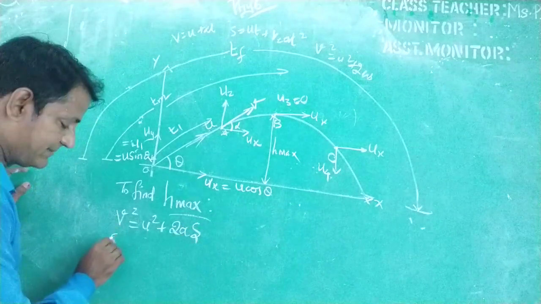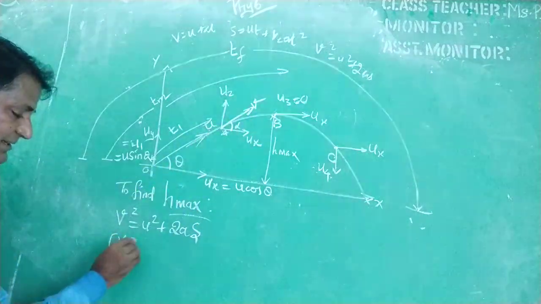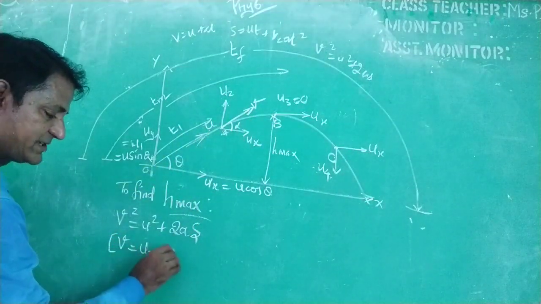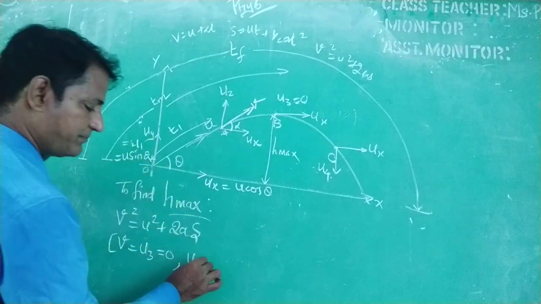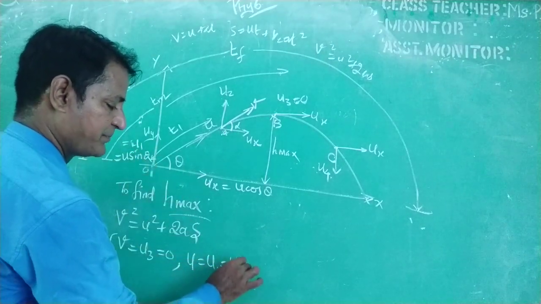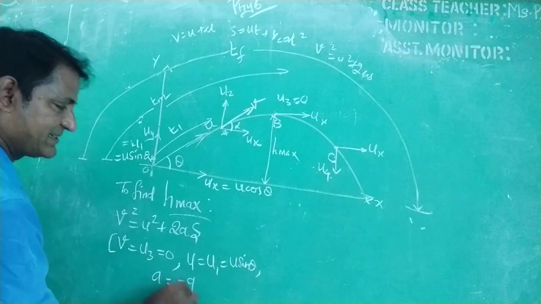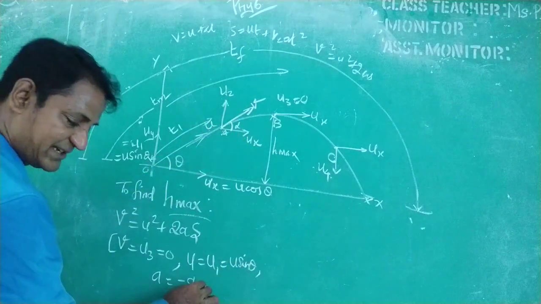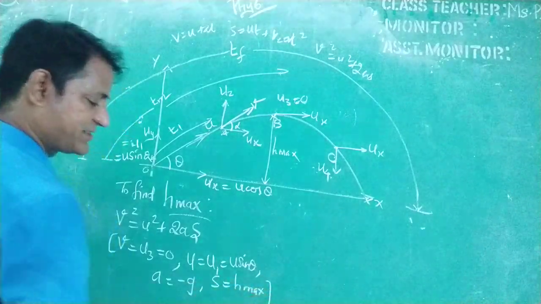Here v is the final vertical velocity at this point B, which is u3, equal to 0. u is the initial vertical velocity at the point O, that is u1, which is equal to u sin theta. a is minus g since it is against gravity. s is equal to the maximum height reached by the projectile.